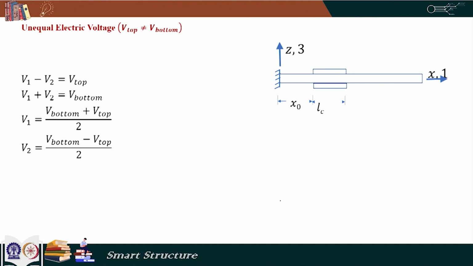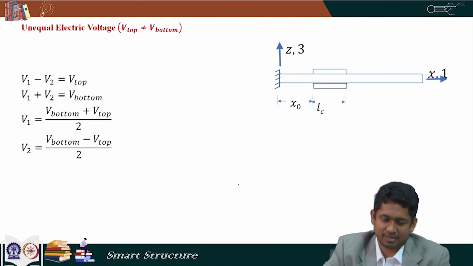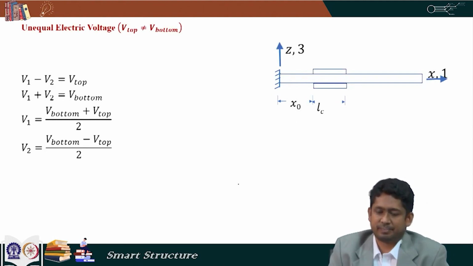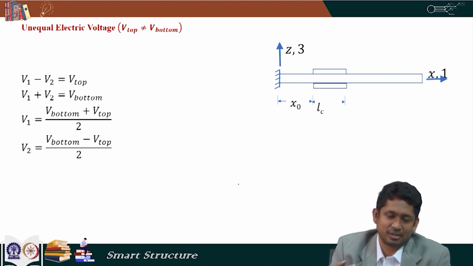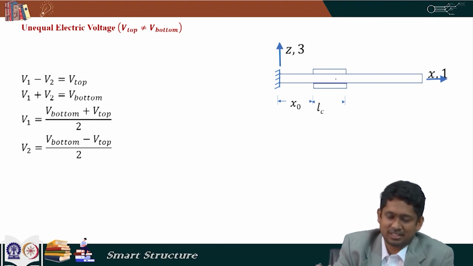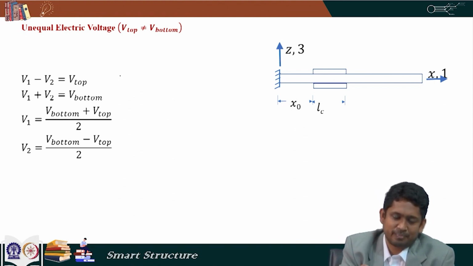Now, similarly, we look into the case of unequal electric voltage. So, while dealing with Euler-Bernoulli beam, we saw what to do when the electric voltages are not equal. Same situation comes here. The electric voltages may not be equal. In these two cases, using the same procedure, we decouple the voltage into V top and V bottom, V1 and V2, and V1 and V2 in terms of V top and V bottom are these.